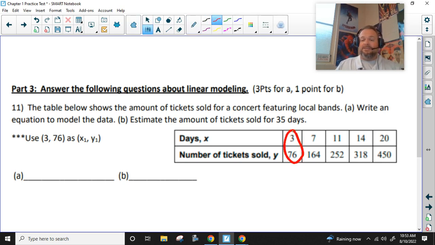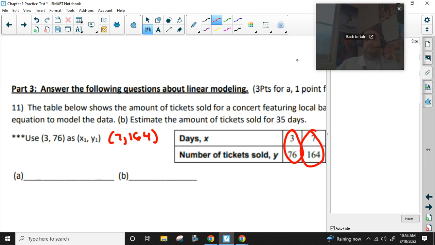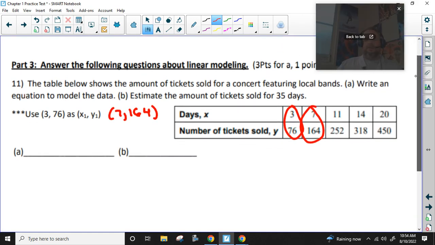Y'all did this, and then people chose a different points over here. Does anybody want to share which other point they used? Did everybody use 7, 16? Not everybody. Some people did. Okay. So for their X2, Y2, they did 7 and 164. All right.